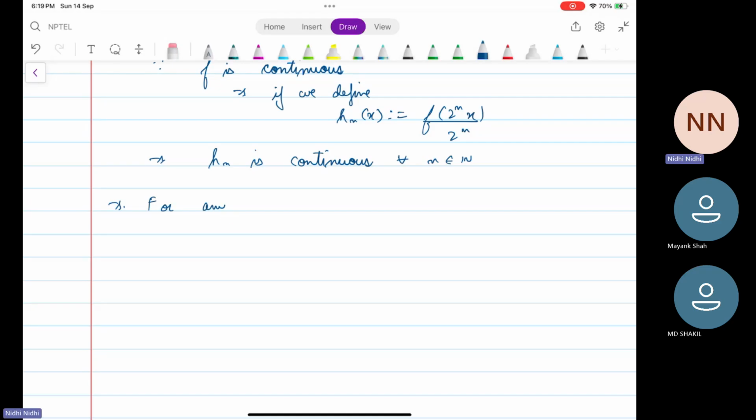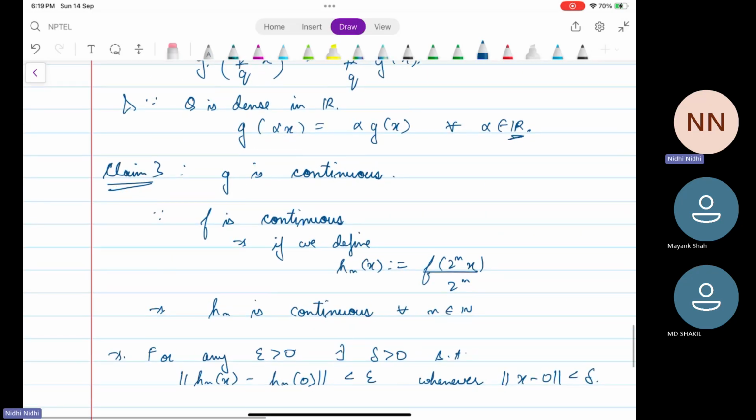For any epsilon positive, there exists delta positive such that norm h_n(x) minus h_n(0) is strictly less than epsilon whenever norm x minus 0 is less than delta.